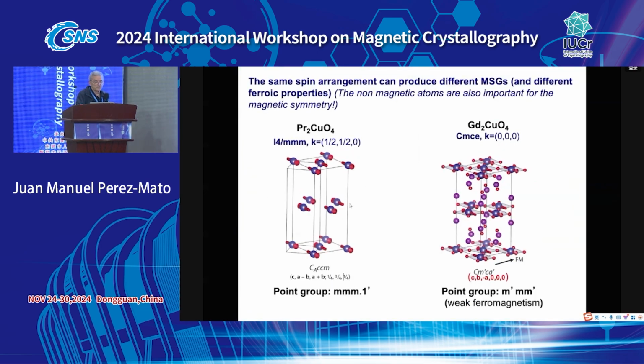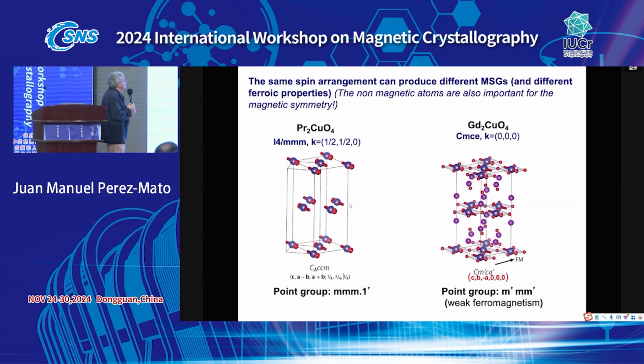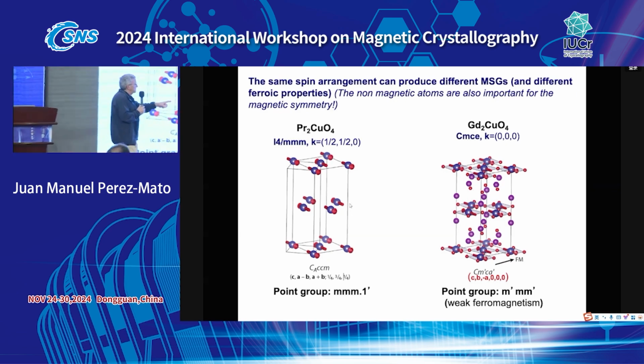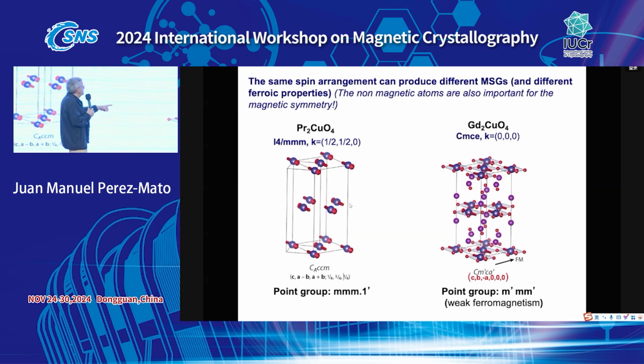Also here I want to show two cases of two very similar structures, but one has a magnetic space group which is of the type 3 and which allows magnetization along one axis, which in fact is the B axis, and which is a weak ferromagnet, and it is reported to be a weak ferromagnet.